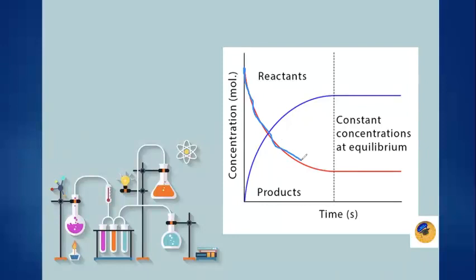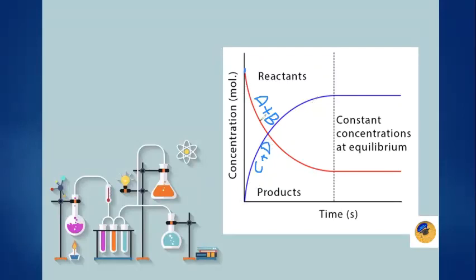We know A plus B gives C plus D, so this would be A plus B, and the products, C plus D, are increasing.